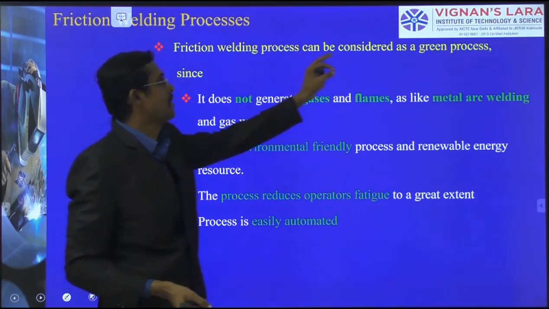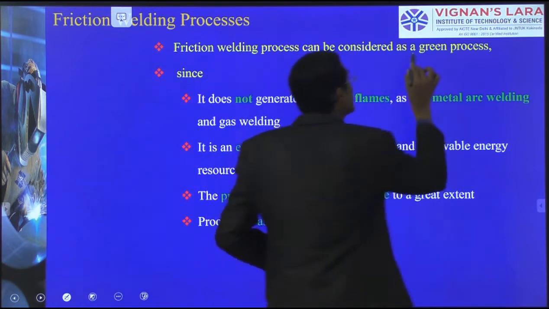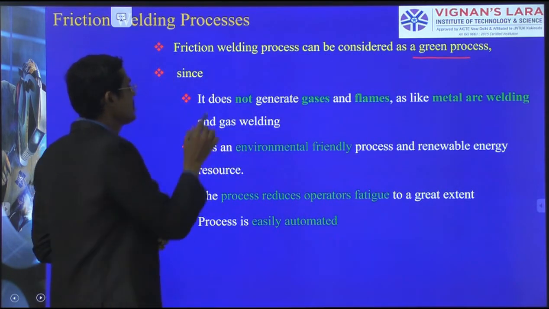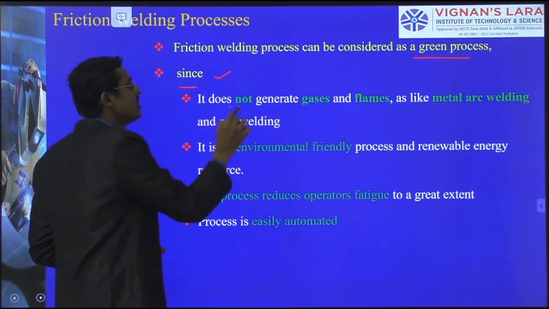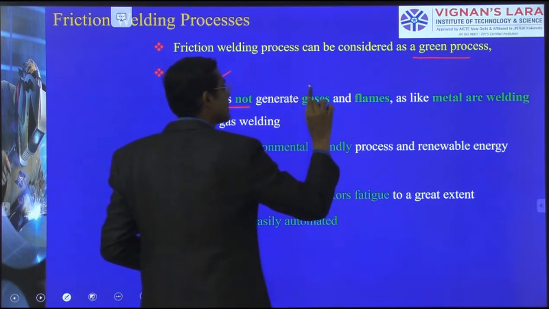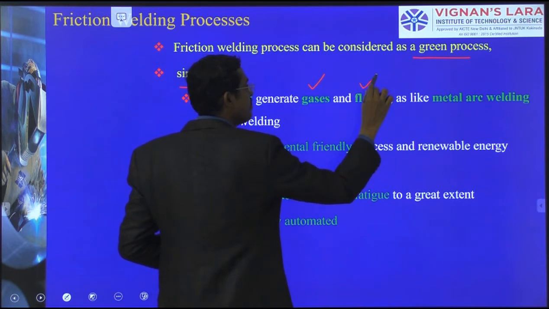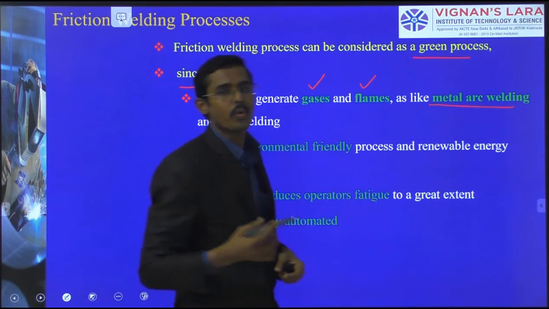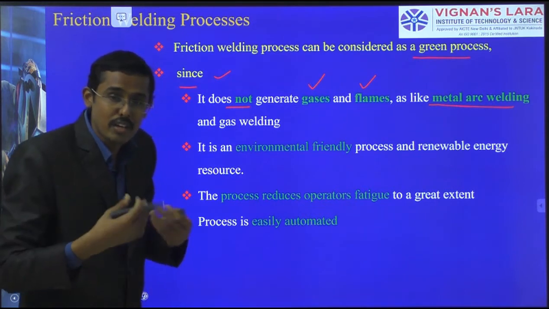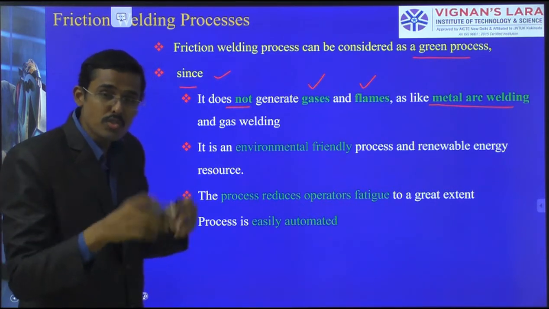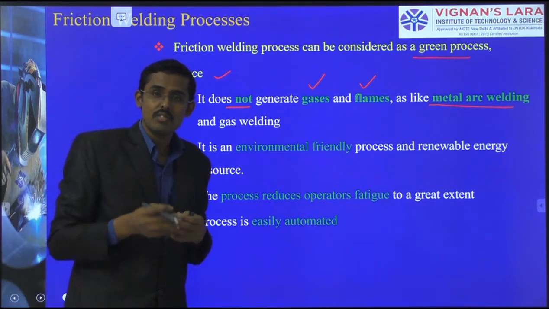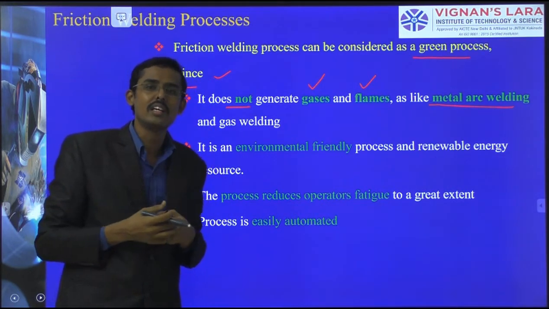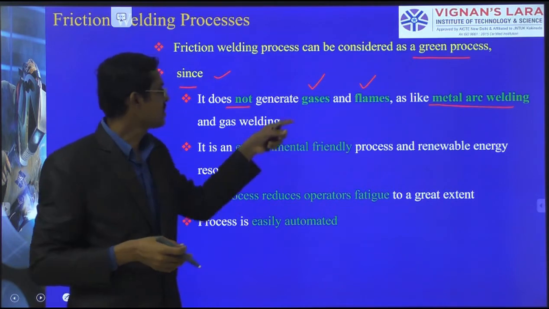The friction welding process can be considered a green process. Why? It is because it does not generate gases and flames, as in SMAW or MIG welding processes. There we use fluxes, which generate fumes, gases, and flames that are harmful to the welder. That does not happen here.